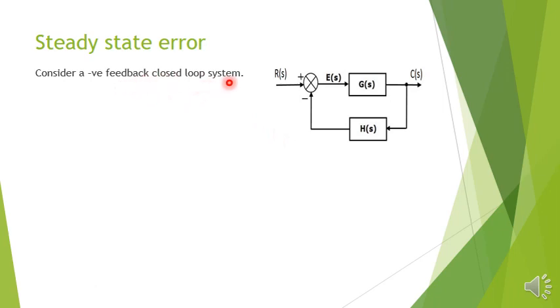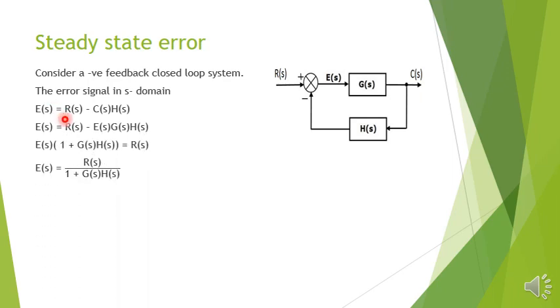Suppose we want the error signal in the S domain. What is the error signal in the S domain? E of s is the output of this summer, which is equal to R of s minus C of s into H of s. This signal is the output of H of s, that means C of s into H of s.